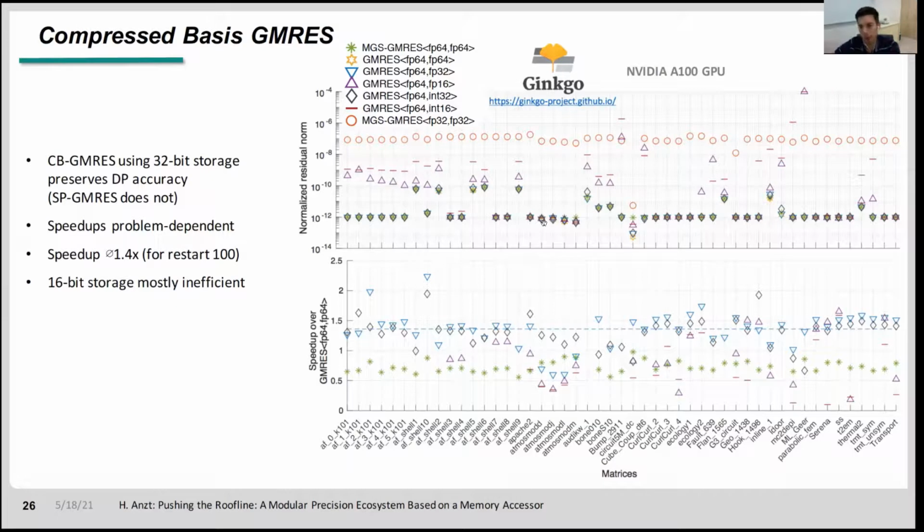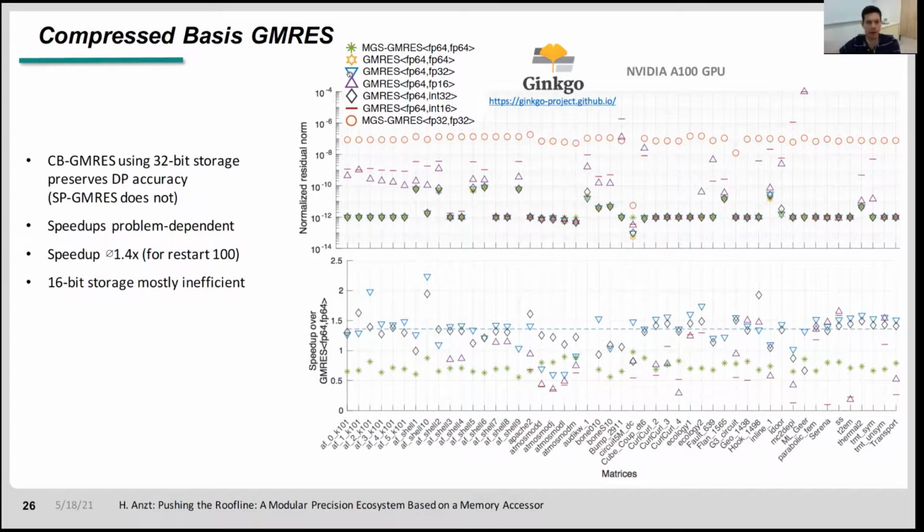Before we evaluate the accessor-based approach, we want to make clear that just switching to single precision would not be an option. This is the single precision GMRES using modified Gram-Schmidt, and you see that the final residual accuracy is significantly less than the residual accuracy for the double precision approach. These orange circles are always quite far away from the accuracy that double precision GMRES provides.